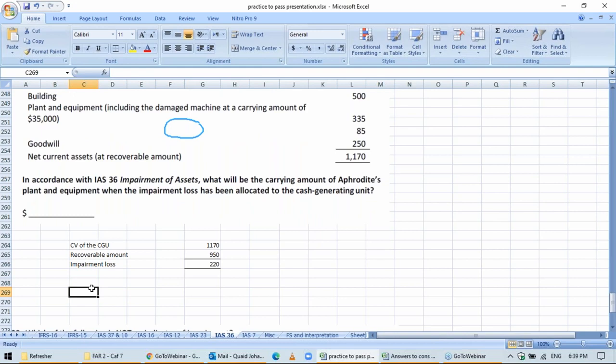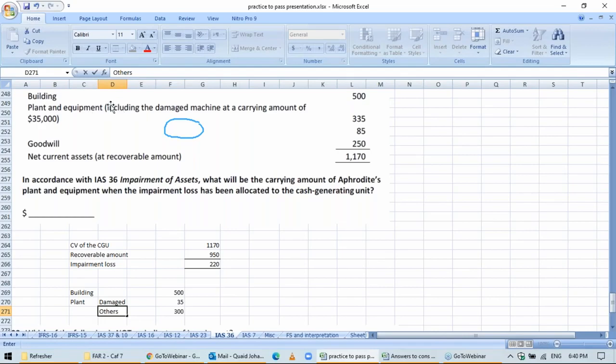So what's happening is that I have a building, and the book value of the building is 500, right? Then I have plant. I have two types of plant. One that is damaged, make it separate. The damaged one is 35,000 and the others are 300,000, so there are two plants totaling 335,000.